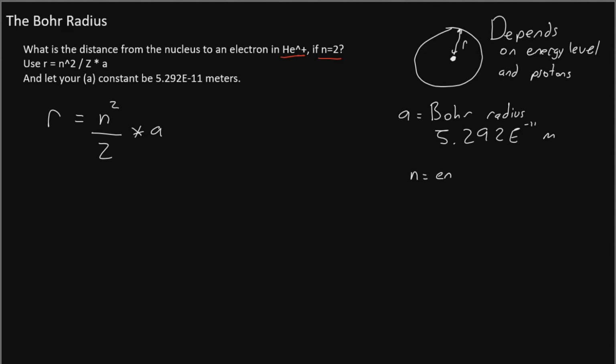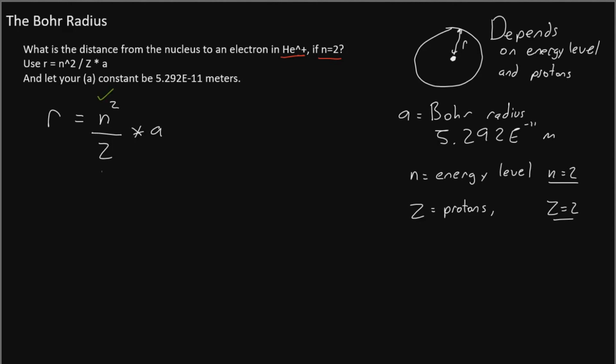N is still the energy level. We are given in line 1 that N is 2. Z is still the number of protons. Since we are still using helium, we still have 2 protons. Now we place our numbers in the correct positions.